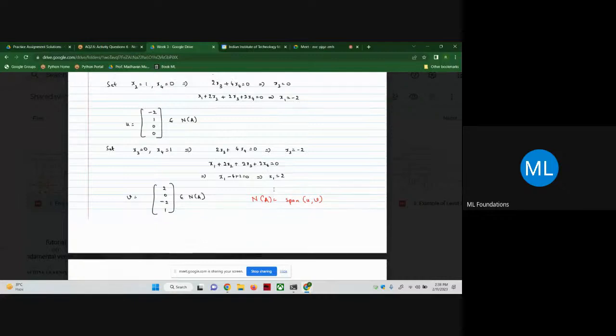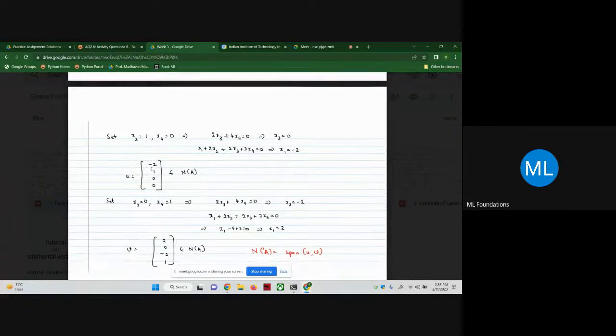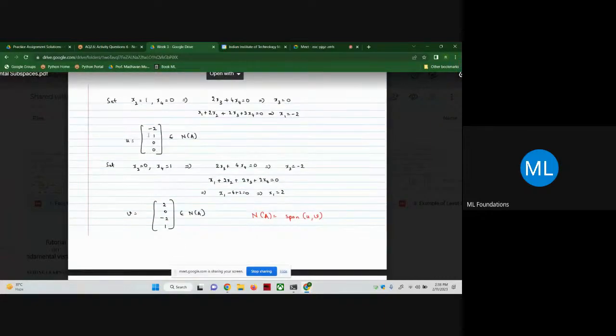Now the null space of A will be the span of these two vectors. By setting x2 as 1 and x4 as 0 you got one solution, u, and by setting x2 as 0 and x4 as 1 you got another solution, v.